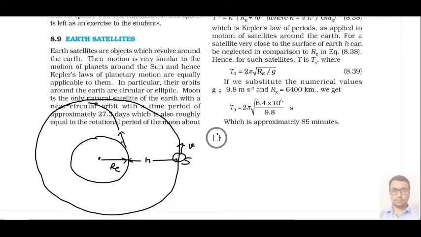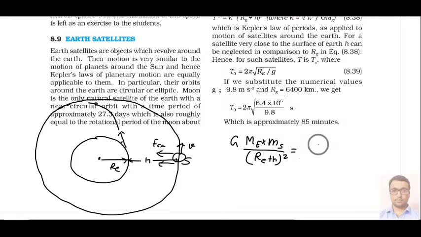So we can write that the centripetal force which is required for the satellite to make a circular path is derived from the gravitational force, which is responsible for providing the centripetal force. So we can write that G into mass of earth into mass of satellite upon Re plus h whole square equals how much?